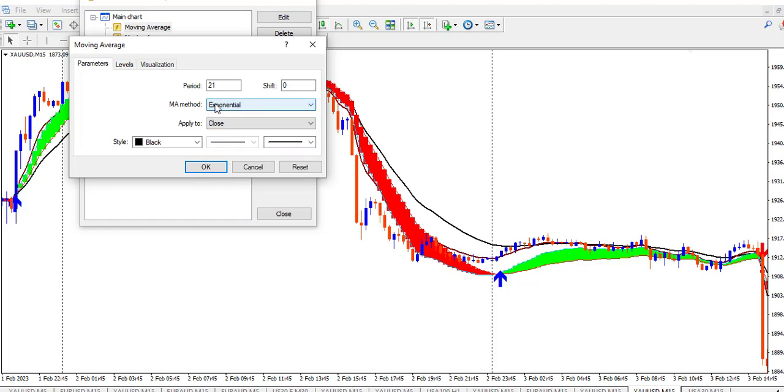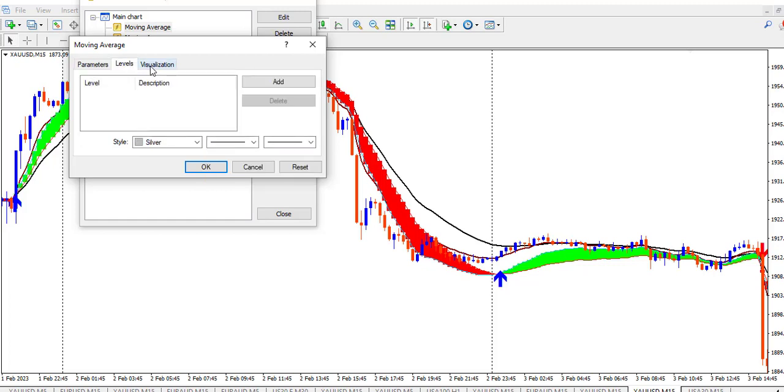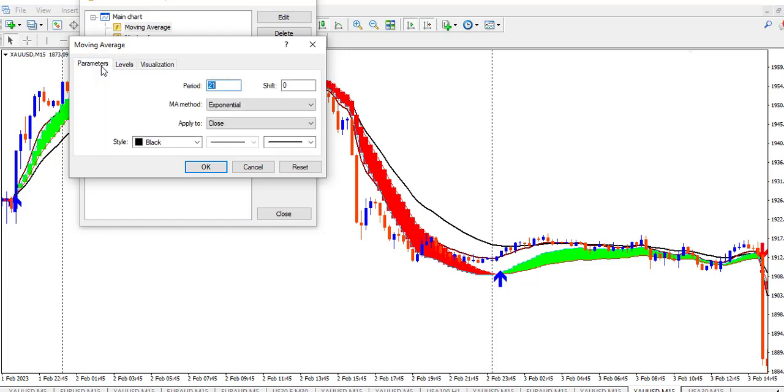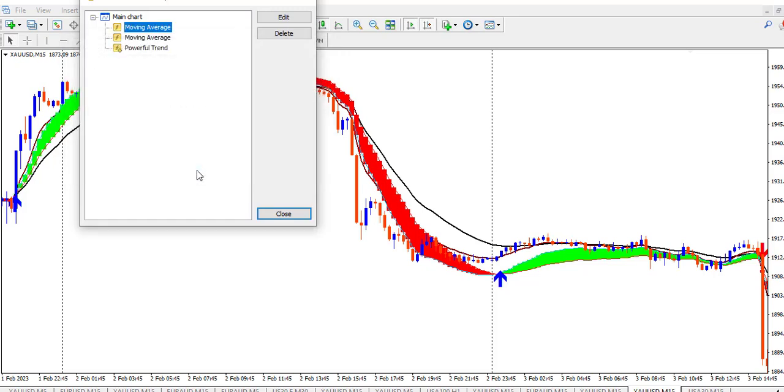The color that I use for this is black, and you can see the black color here. You can increase the width if you want, but that is what I use. And just click OK when you are done.